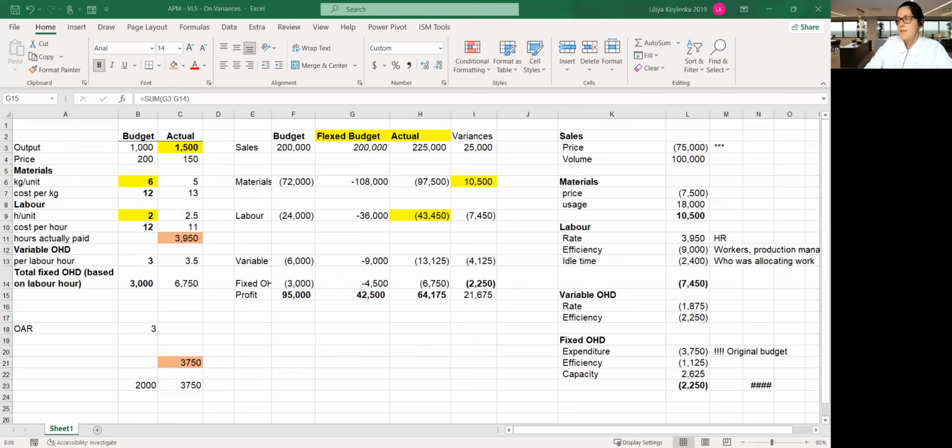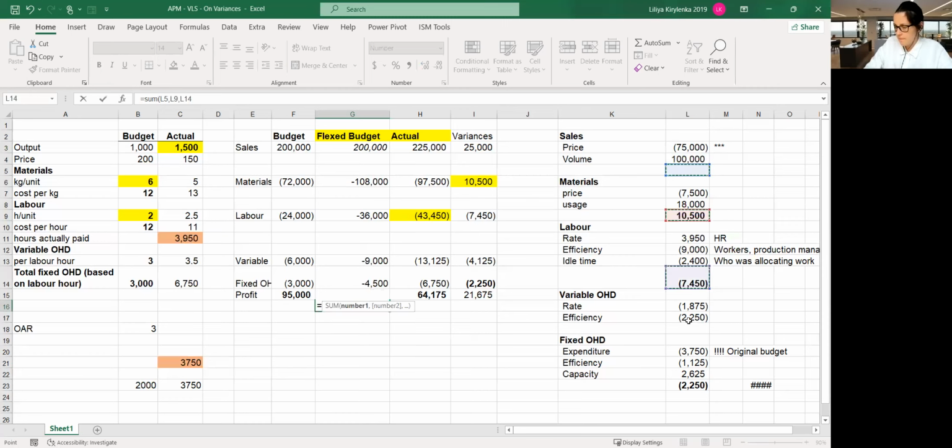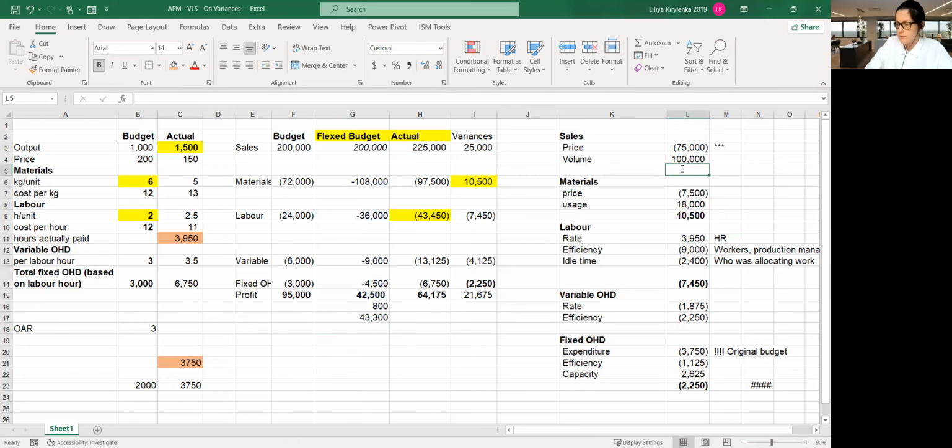And after that, let me add the variances. And I have not calculated the total sales variance. Oh, and the total variable overhead variance.